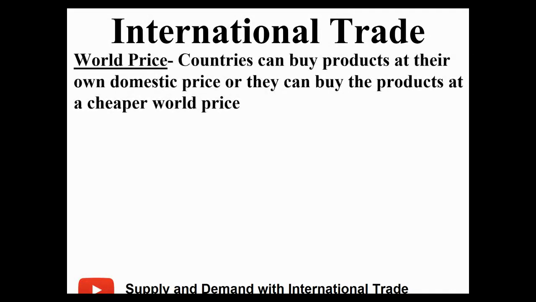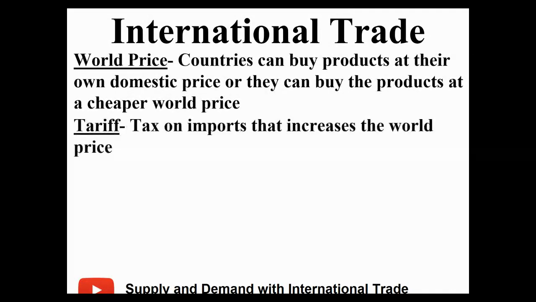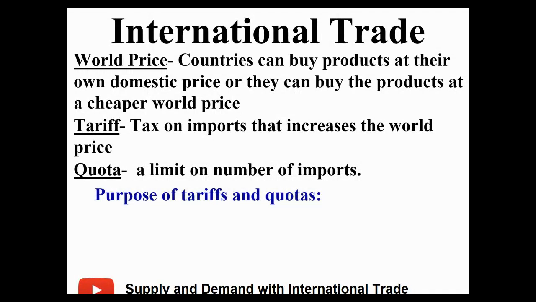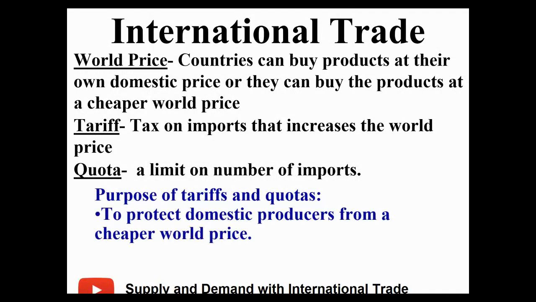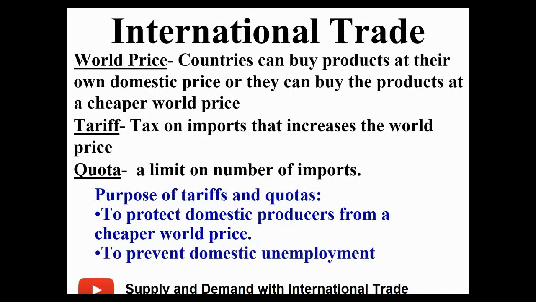But what about international trade? We're going to take a look at international trade now. Okay, this is the last thing we'll talk about here. We're going to look at how consumer and producer surplus are affected by world prices versus domestic price.